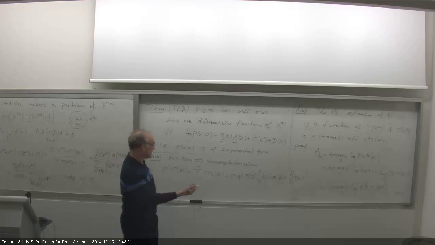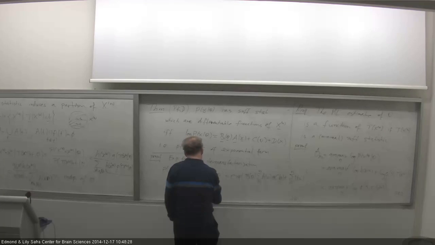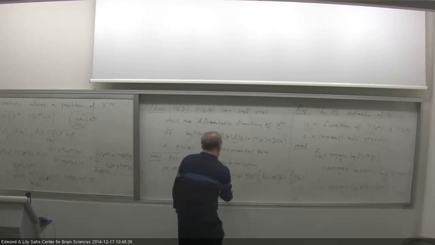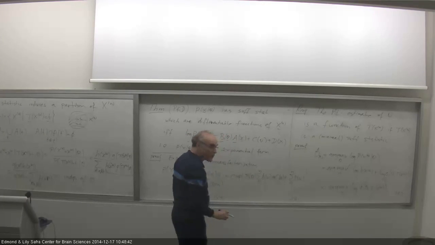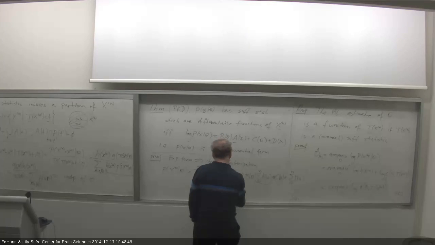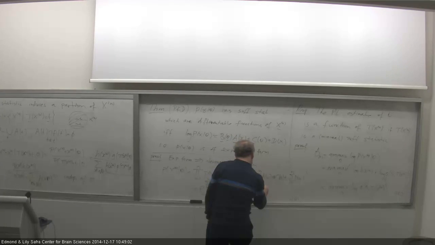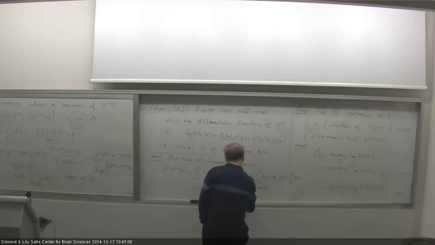But what you see here is that this is simply factorized into the exponent of this sum, which is exactly what I want to call h(x^n), times a function which depends on theta and the sample only through these sums. So we can call this exponent g of theta and T, where T equals these sums.